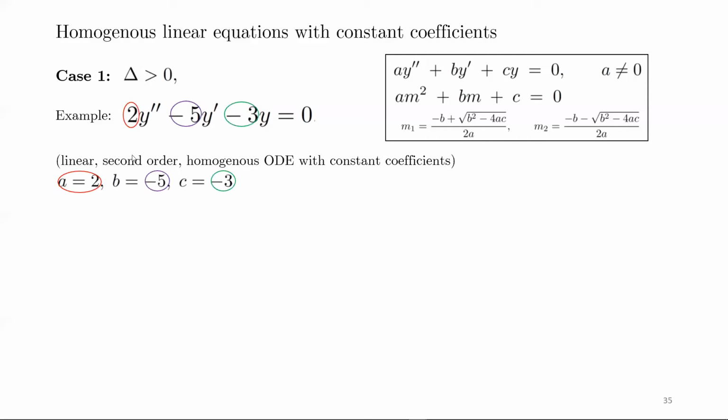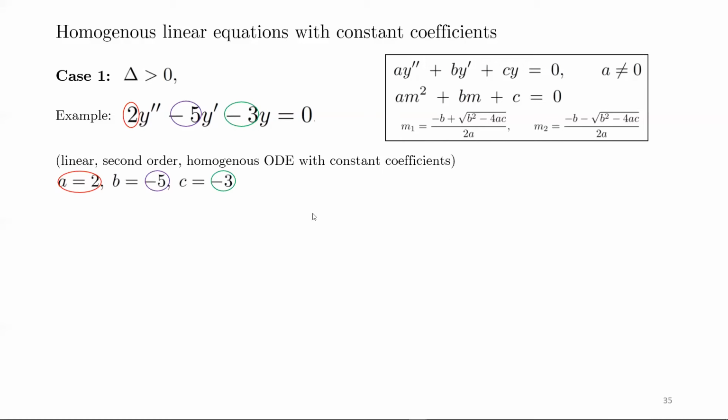A is always the coefficient in front of the second derivative, b is always the coefficient in front of the first derivative, c is always the coefficient which is multiplying y. Our auxiliary equation would be a times m squared, plus b times m plus c equals 0. So I need to solve this equation, which of course I can do using these two roots here, m1 and m2.